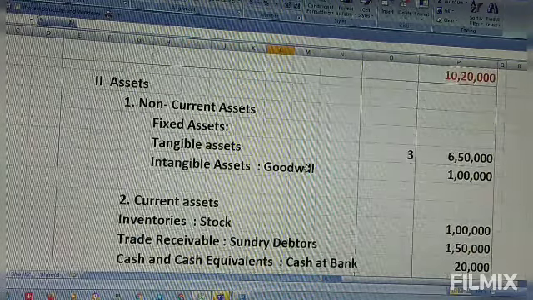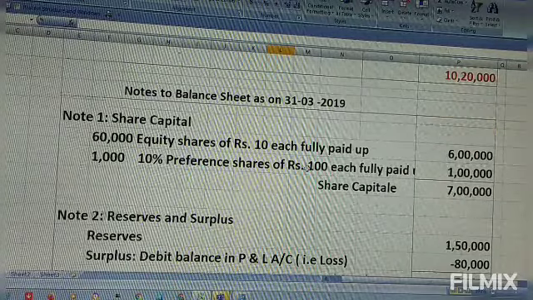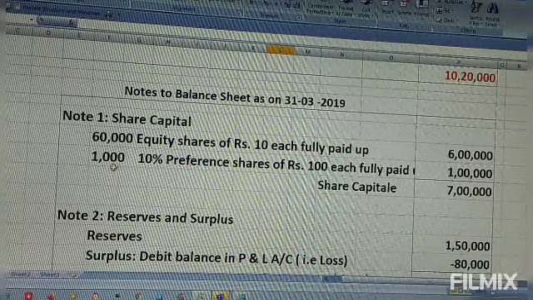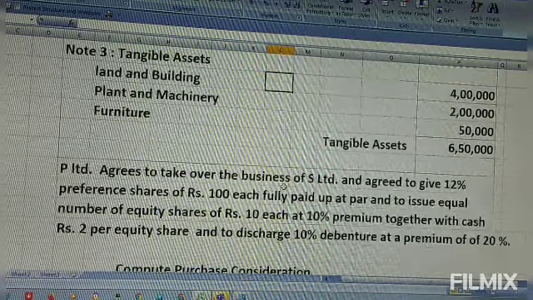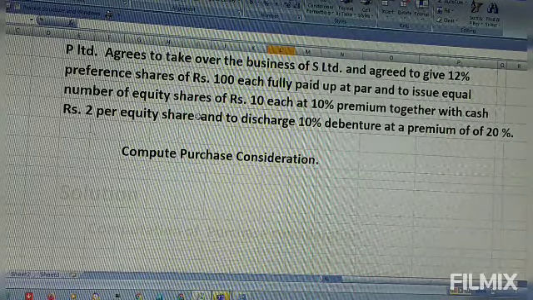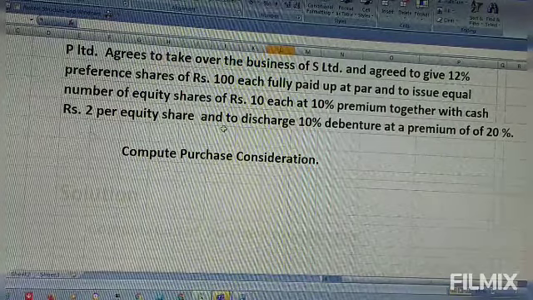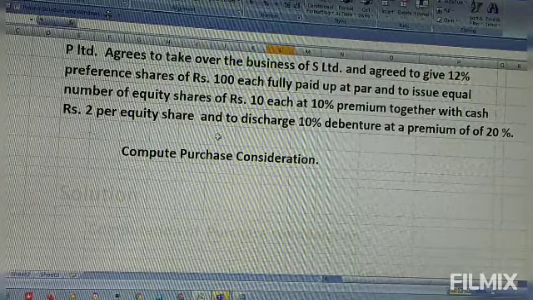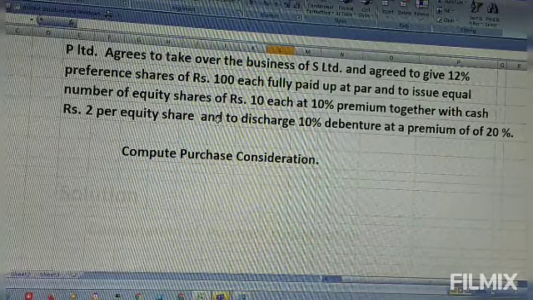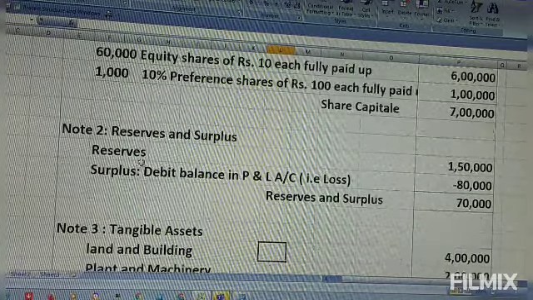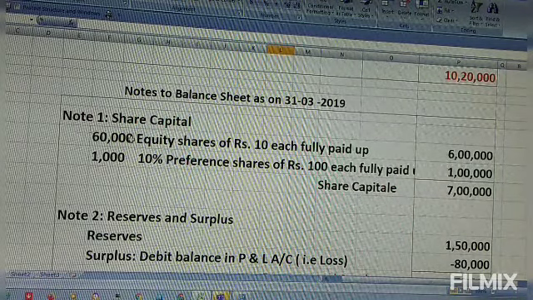See in the note, there are 1,000 10% preference shares of 100 each. The new preference shares are also 100 each, but at 12%, which you have to keep in mind. It is given at par value only, and it issues an equal number of equity shares of rupees 10 each. Equal number means 60,000 equity shares are there.